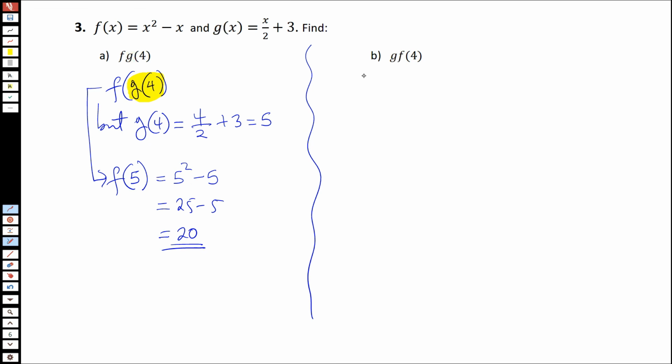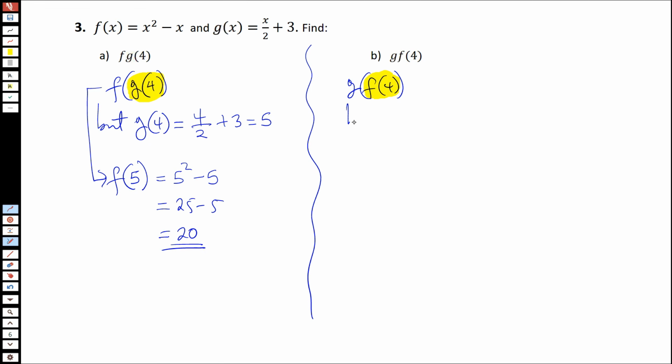So you can apply the same approach here. Just rewrite this in this form. So g of f of 4. And we start with the inside portion.